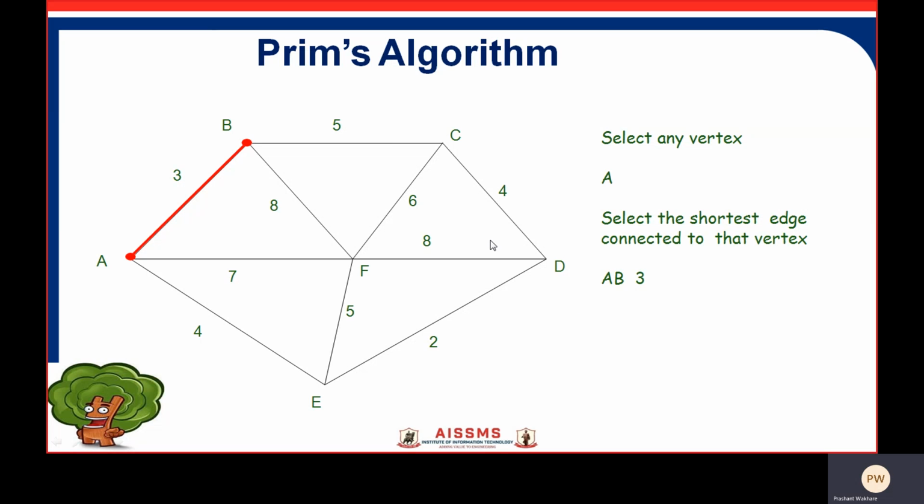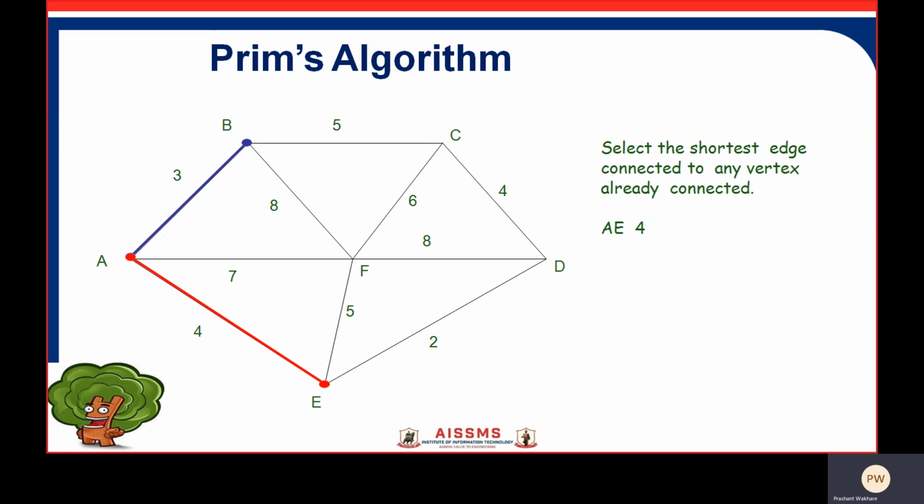Suppose I select vertex A. This vertex A is connected by A to B, A to F and A to E. But we have to select the shortest edge connected to that vertex. The shortest edge is A to B, whose weight is 3 only. Therefore we will select this A to B.